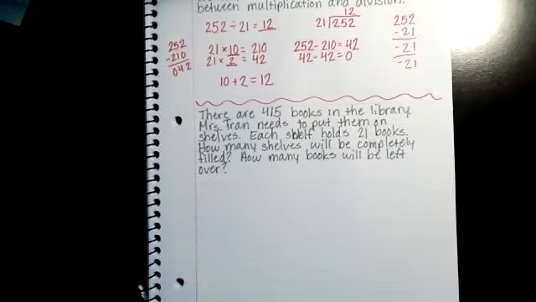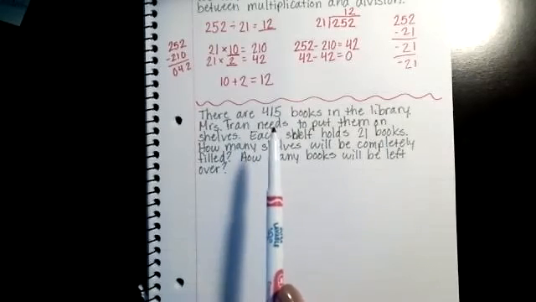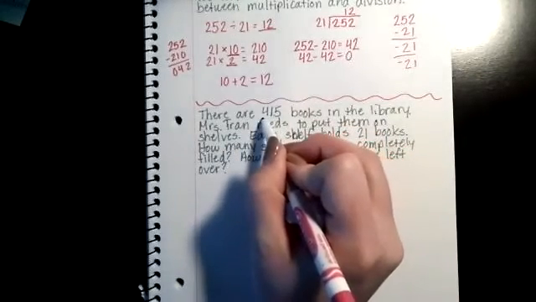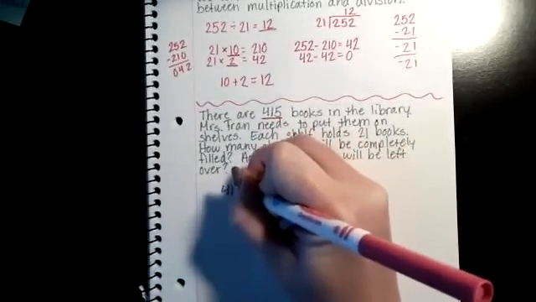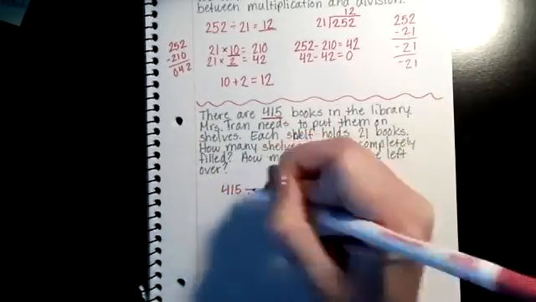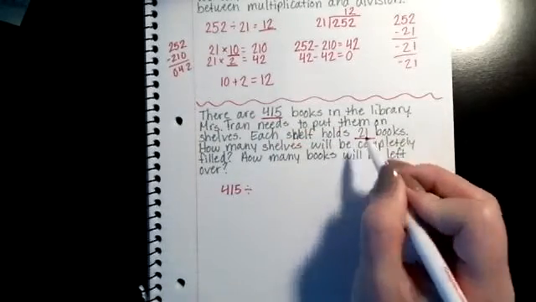Okay, so here's what we're going to do. We're going to set up this problem to be our division problem. So our total, our dividend is right here, 415 books. And we are trying to divide it into shelves of 21.